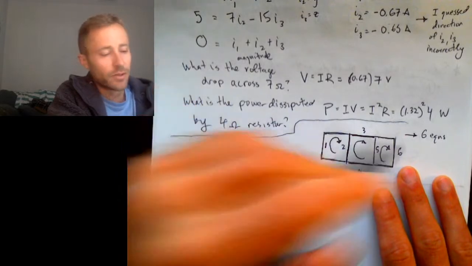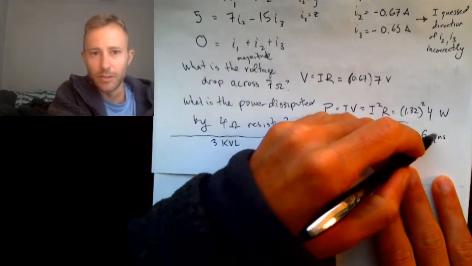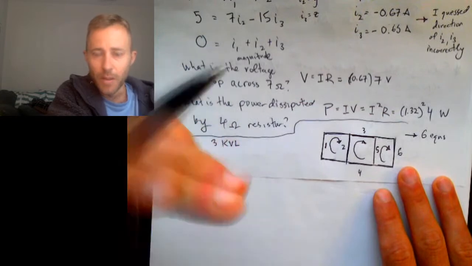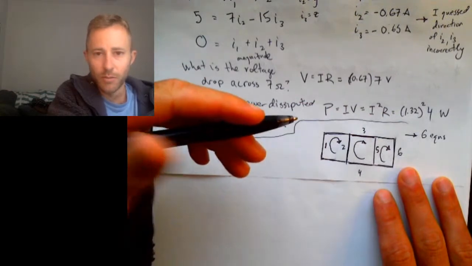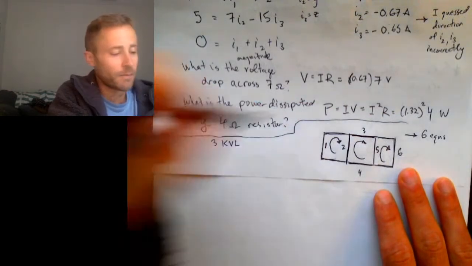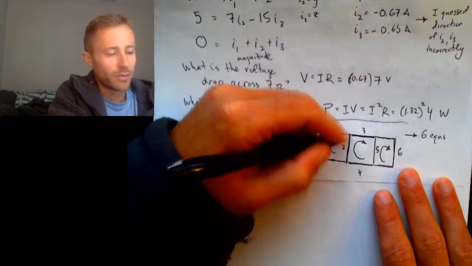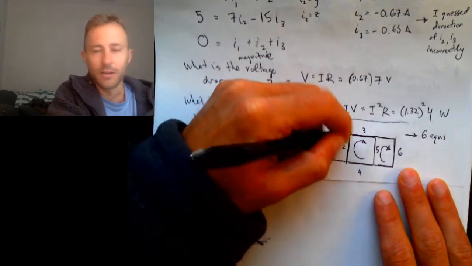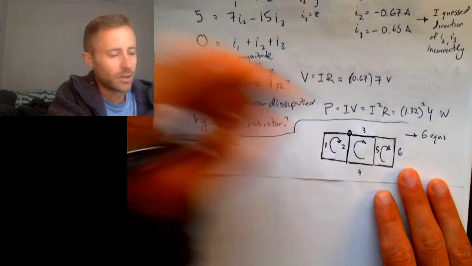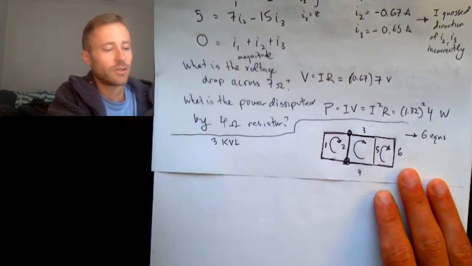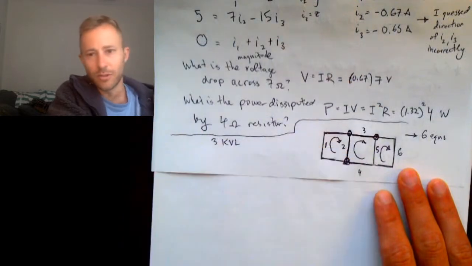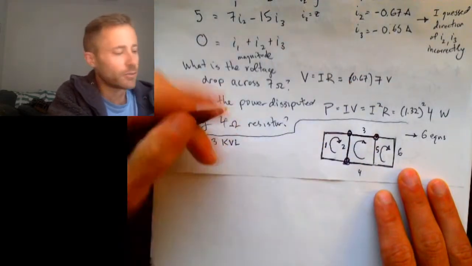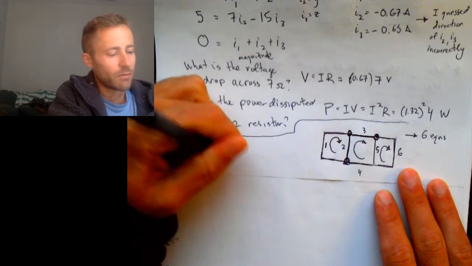But because there are 6 variables, we need 6 equations. So the remainder of the equations would come from Kirchhoff's current law for any 3 of the junctions. So maybe I could write an equation for that junction, that junction, and that junction. And I wouldn't need to do that junction because that already gets me enough equations. So I would have 3 KCL.